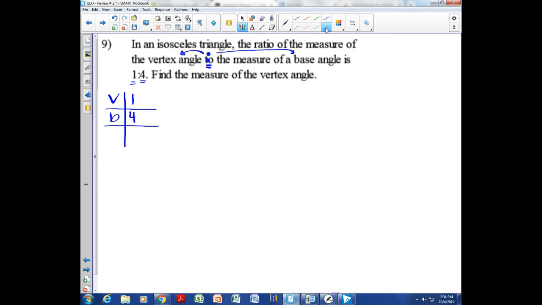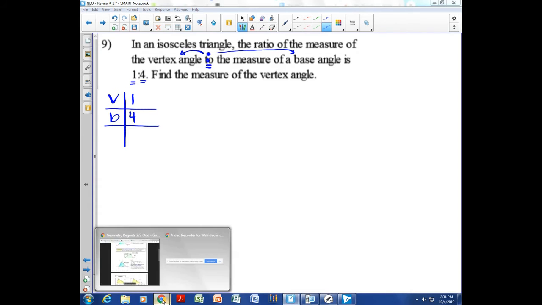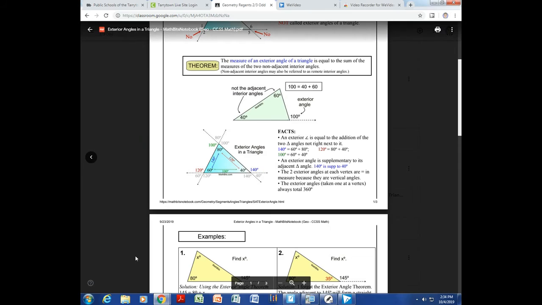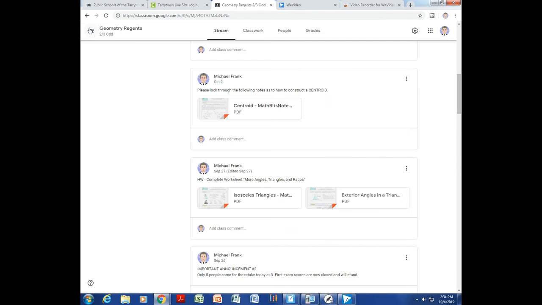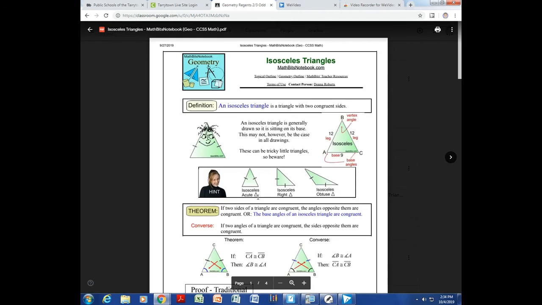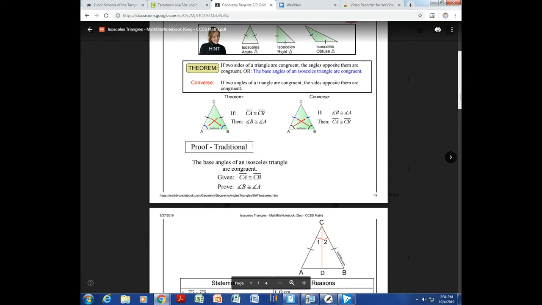However, an isosceles triangle, like all triangles, has 3 angles. And when we're referring to the vertex and the base angles, there is 1 unique vertex and always 2 base angles. If I could just jump back to the Google Classroom for a second and click on the isosceles triangle PDF. There's some very good information here, but this theorem right here is the one we're going to be using.